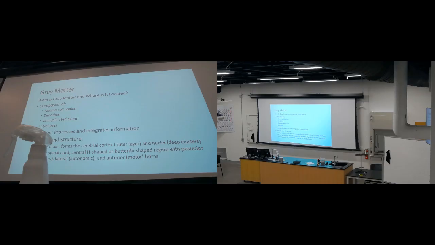Besides having the cell bodies of the neurons, of course we have the dendrites that are connected to the cell bodies. And we can also have unmyelinated axons and synapses, the connections between the different cells. Function of gray matter: processing and integrating information.